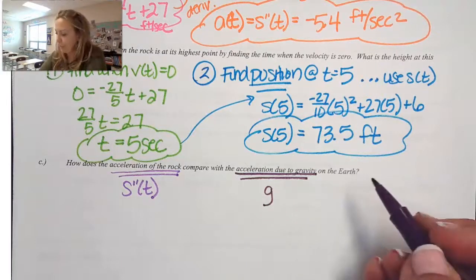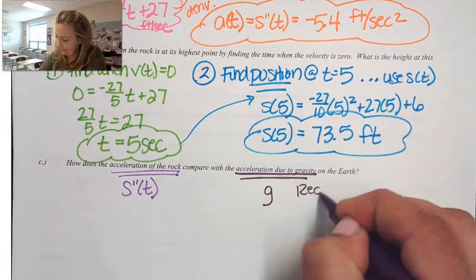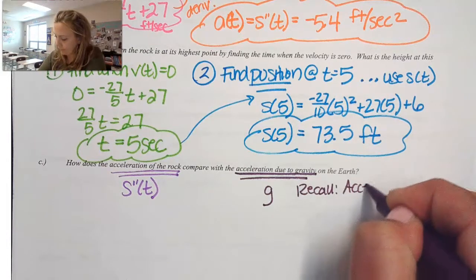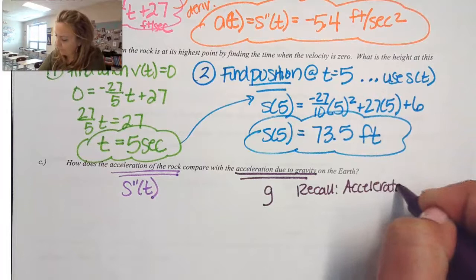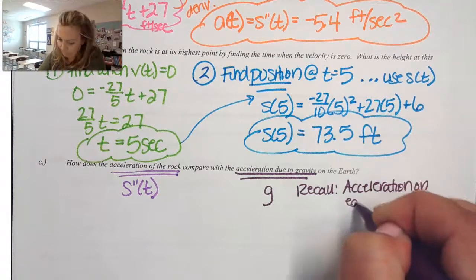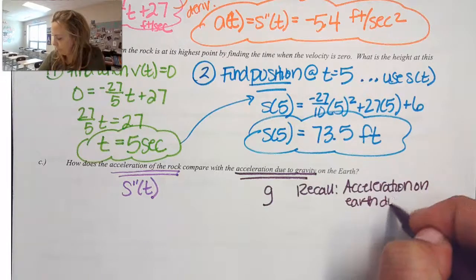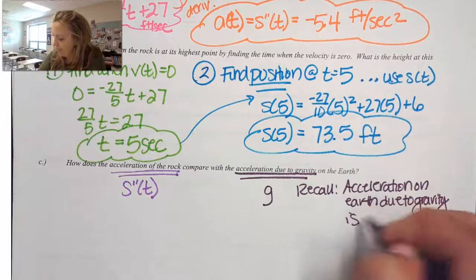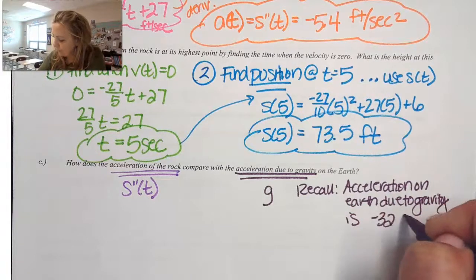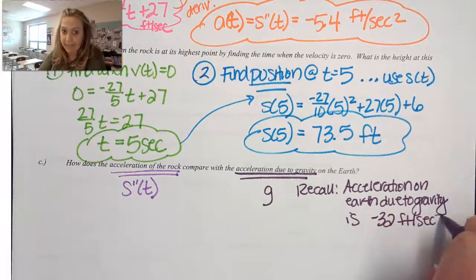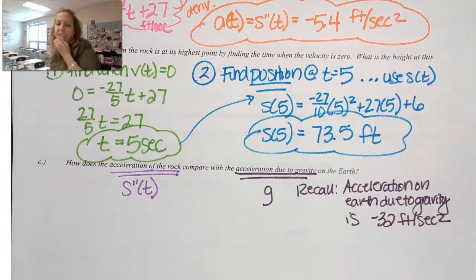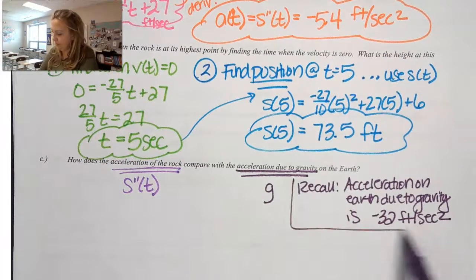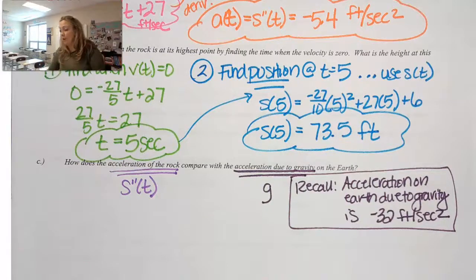And remember, if we're dealing with feet per second squared, that is the negative 32 feet per second squared. Okay, so that's our acceleration on the Earth due to gravity.